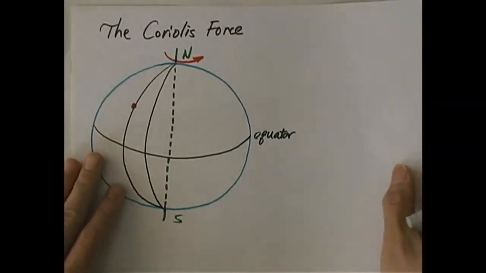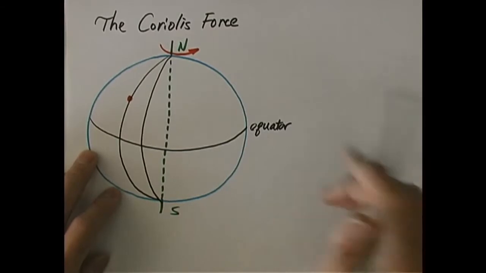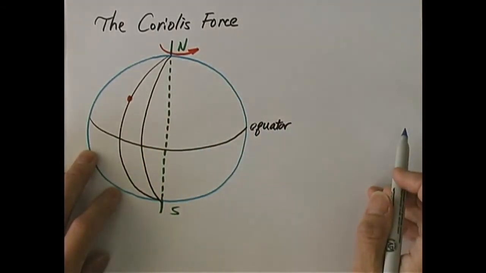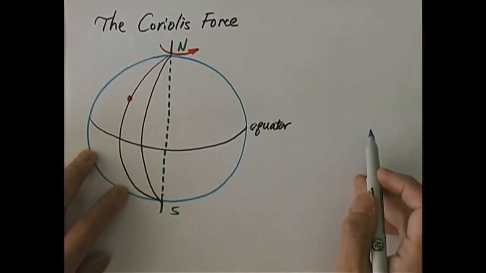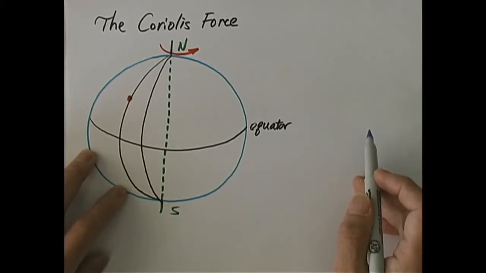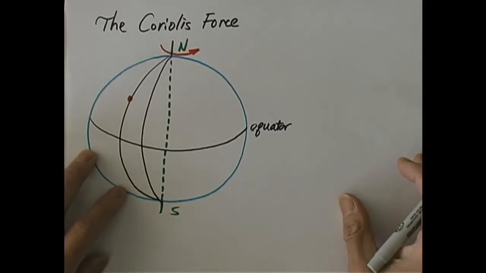Another very important example of fictitious or inertial force is the so-called Coriolis force. Coriolis force also refers to the situation where the reference frame itself is rotating, like the Earth, for example. If you stand on the surface of the Earth, you're rotating. If you're using your own perspective, that's a rotational frame of reference.